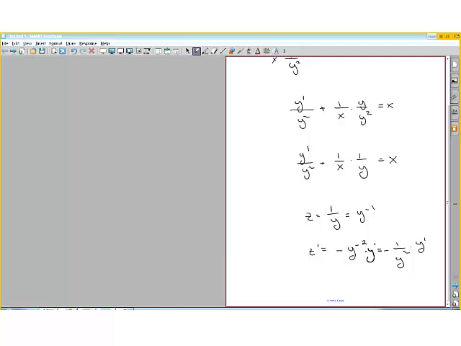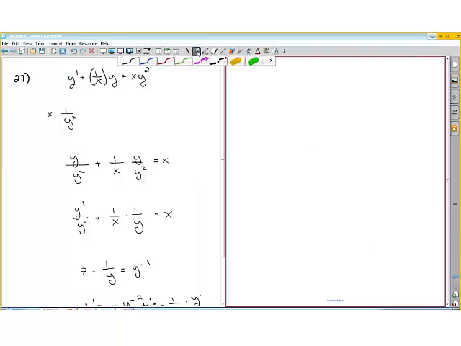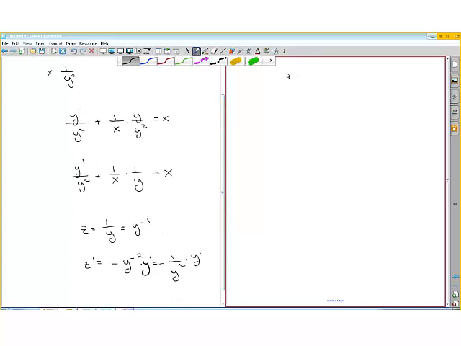So now I can make these two substitutions in. This is my first attempt since I haven't done it for a year, so I don't remember all the steps exactly, but I'm getting there. Okay, so what we know again is that z is equal to y to the minus 1 power, or 1 over y.